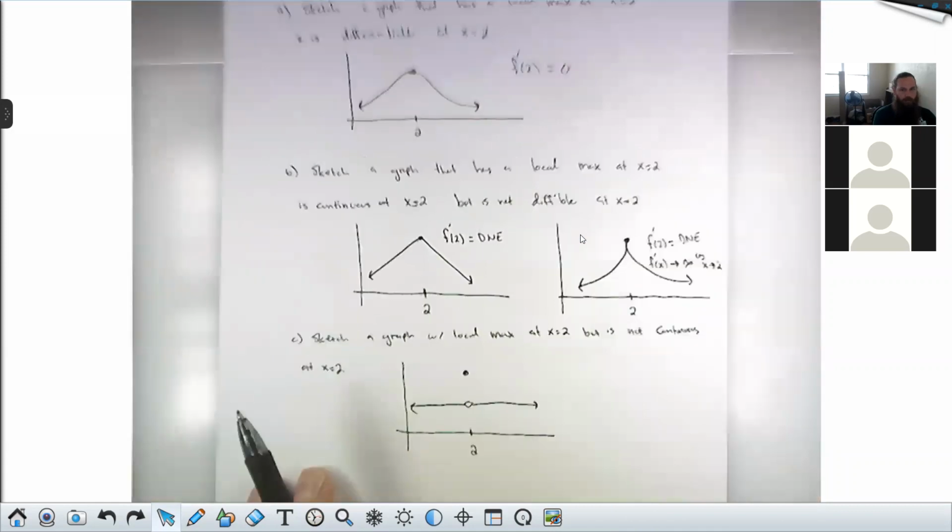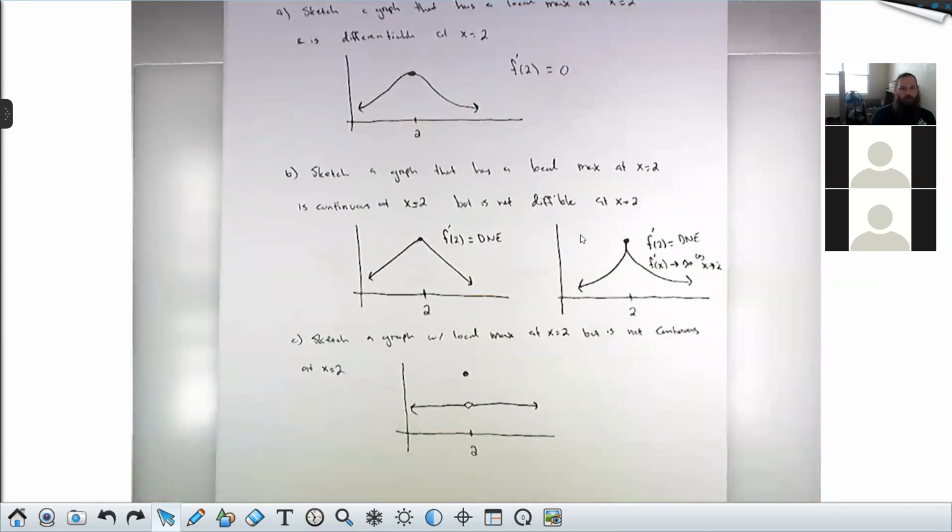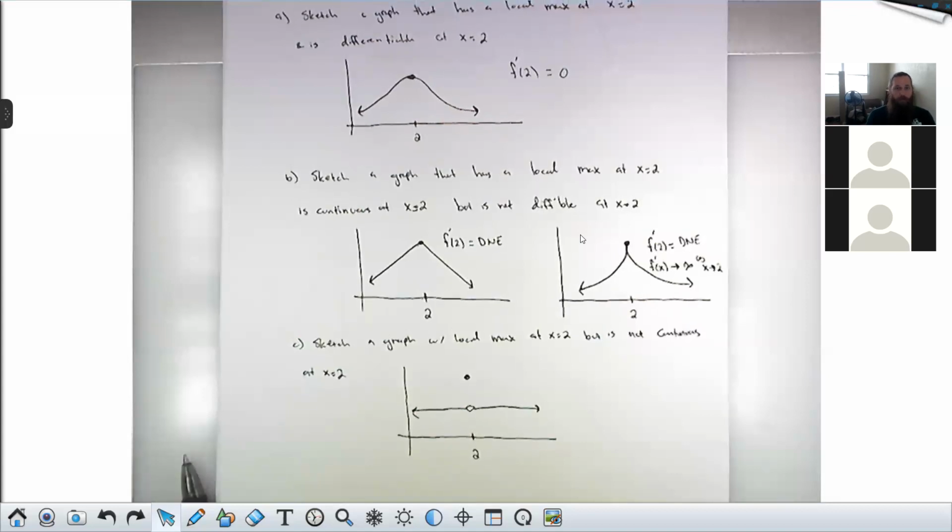So these are three different types of pictures you can associate with local extrema, local maxes in this case, but for local mins you can imagine flipping all these pictures over. So all of these things can happen, and all of these are consistent with Fermat's theorem.